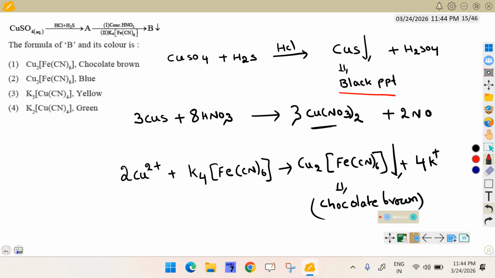It is a black color precipitate. Which further reacts with HNO3, then it gives copper nitrate. Copper nitrate dissociates, then it gives Cu2+ and 2NO3 minus. It contains Cu2+ ions. The Cu2+ ions react with K4Fe(CN)6, then it gives Cu2Fe(CN)6. It is a chocolate brown color complex.